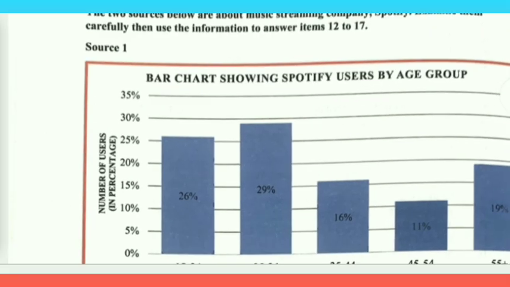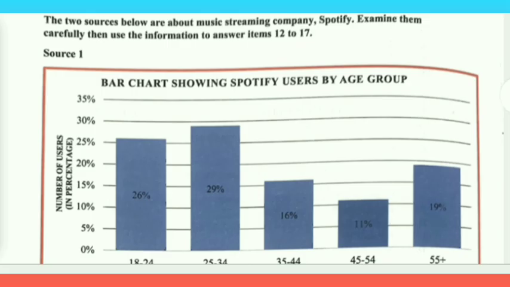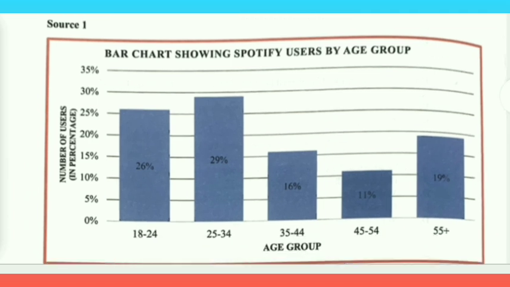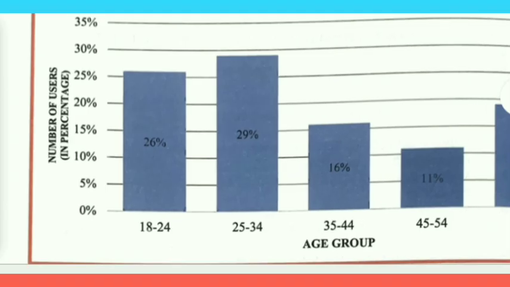We have to use these sources now, so we have 2 sources. It says the 2 sources below are about music streaming company Spotify. Examine them carefully, then use the information to answer items 12 to 17. Source 1 shows us a bar graph of Spotify users by age group. Across the left, it's showing you the percentage, so number of users by percent from 0 to 35.